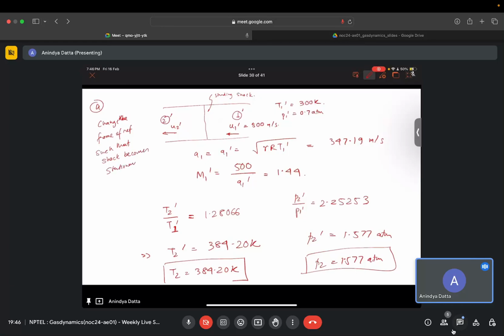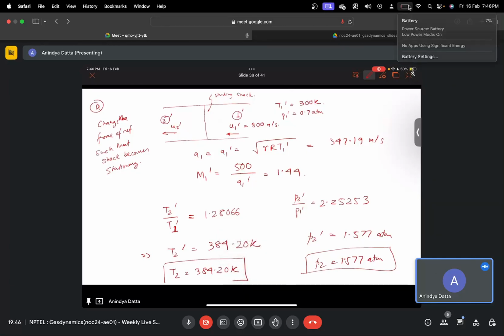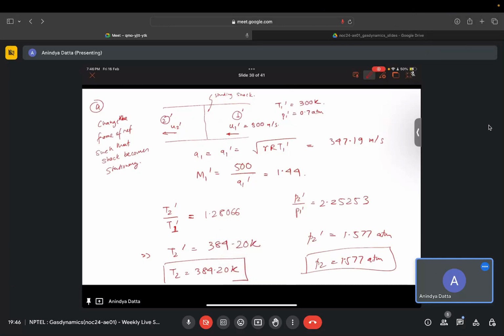And when you do that, be careful of the signs of the velocity that you are using, and the subtraction or addition.